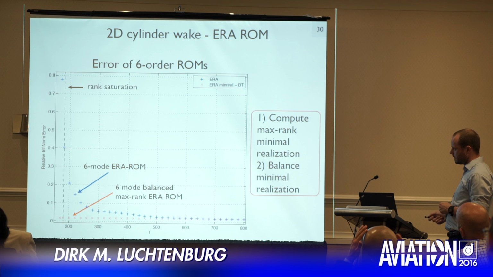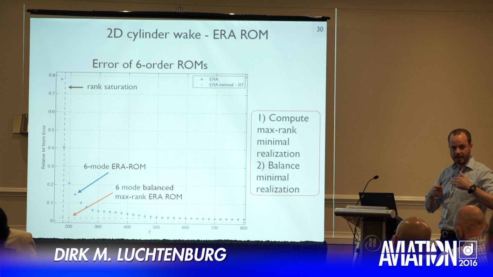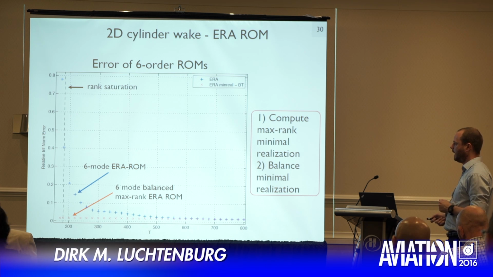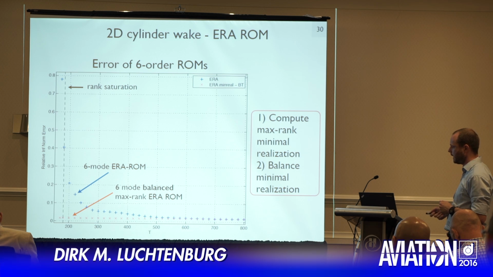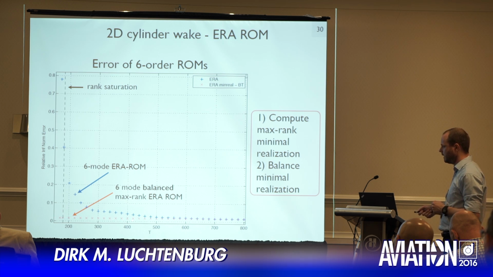In other words, we get a reduced order model from ERA, we use balanced truncation on that, and then we plot the model error here. If you look at the red crosses, that's the error that you get, and you see that this error converges right away for a 6th-order model.